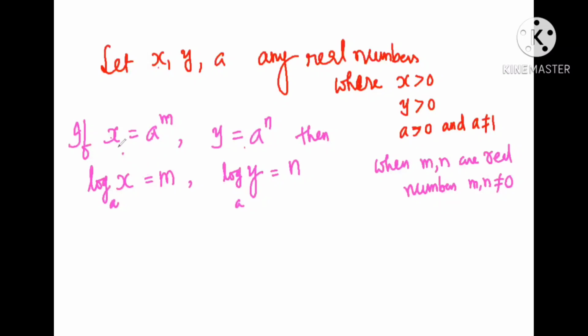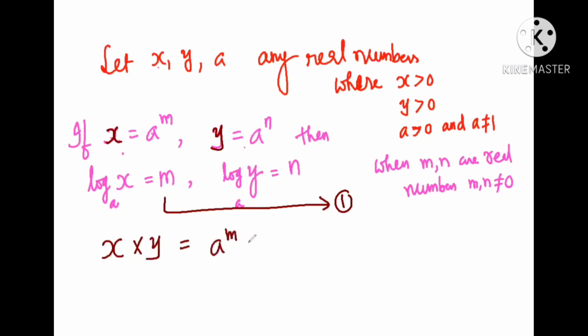Then let us multiply these two numbers. Let us multiply this x and y. Let us give the result number 1. Now multiply the two numbers, x into y, that is equal to x, which is a to the power of m, into y, which is a to the power of n.